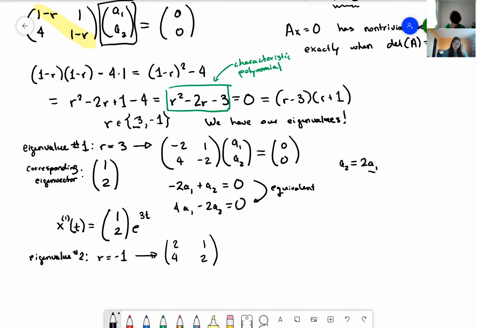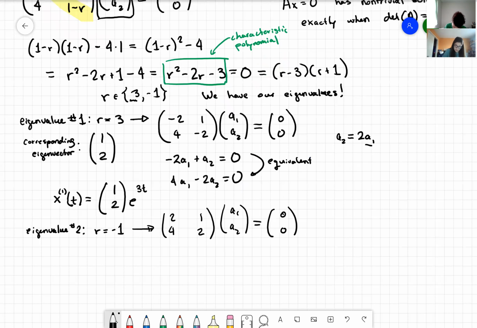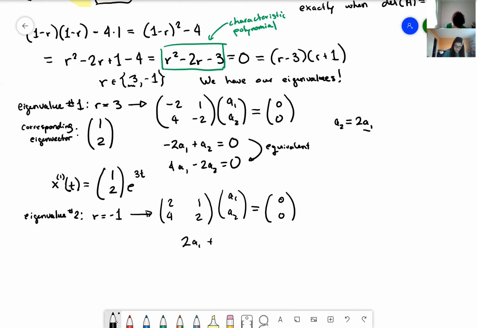That's our matrix, times (A1, A2) equals (0, 0). Of course, this gives us 2a1 plus a2 equals 0, or 4a1 plus 2a2 equals 0. This is exactly what we expect to happen.